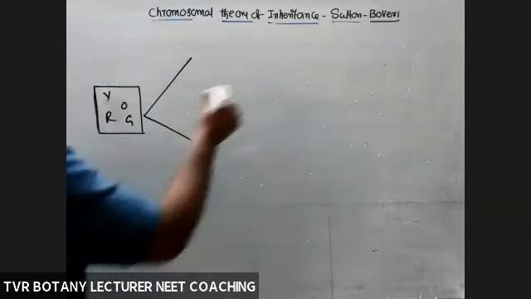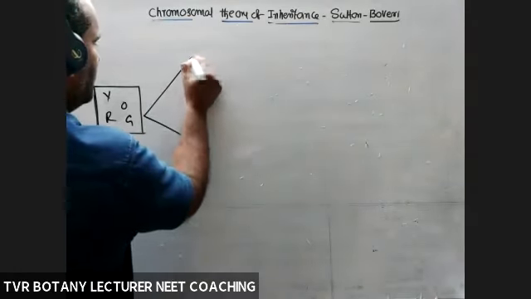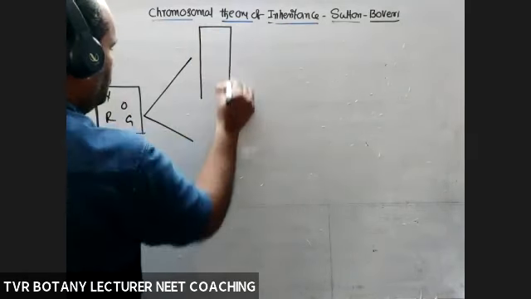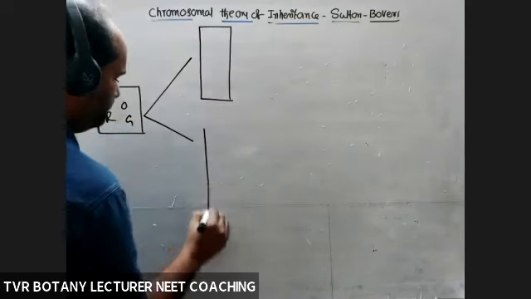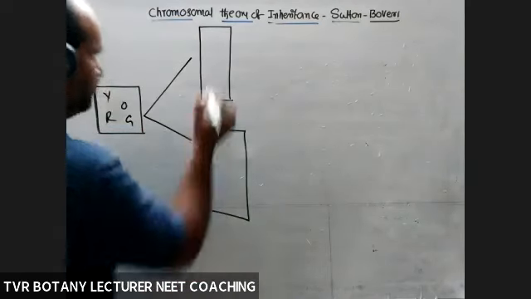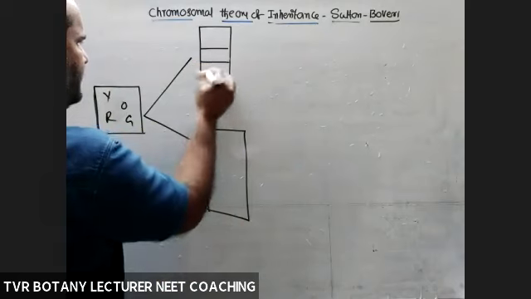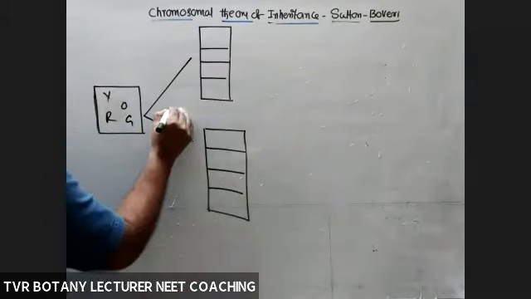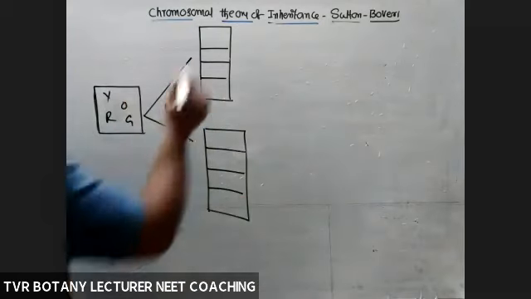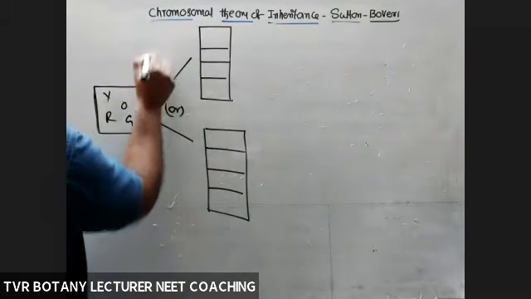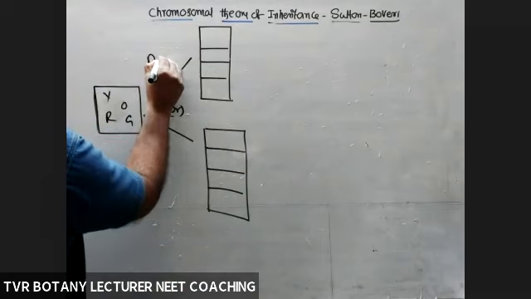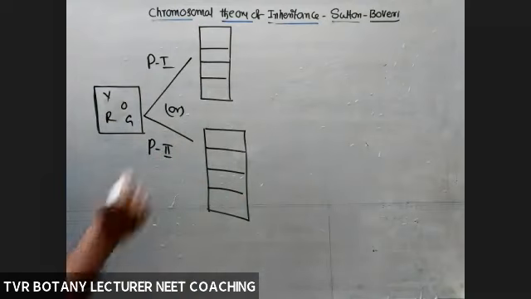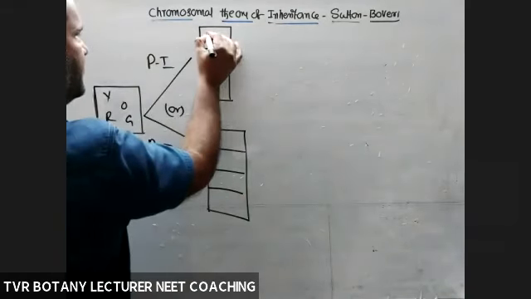At the end, I'm giving the end part only. After completion of meiosis 1, probability 1, probability 2. Definitely, what about the number of kinds of cells? Four cells, germ cells. According to probability 1 and probability 2, what about the combinations?